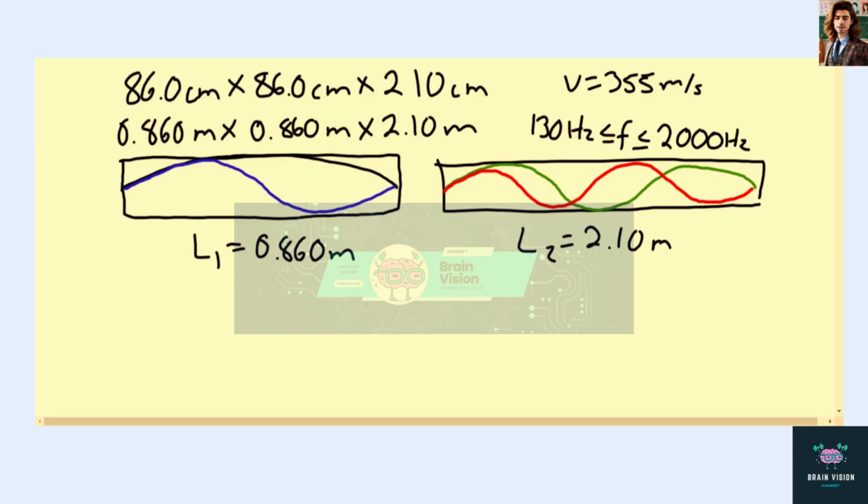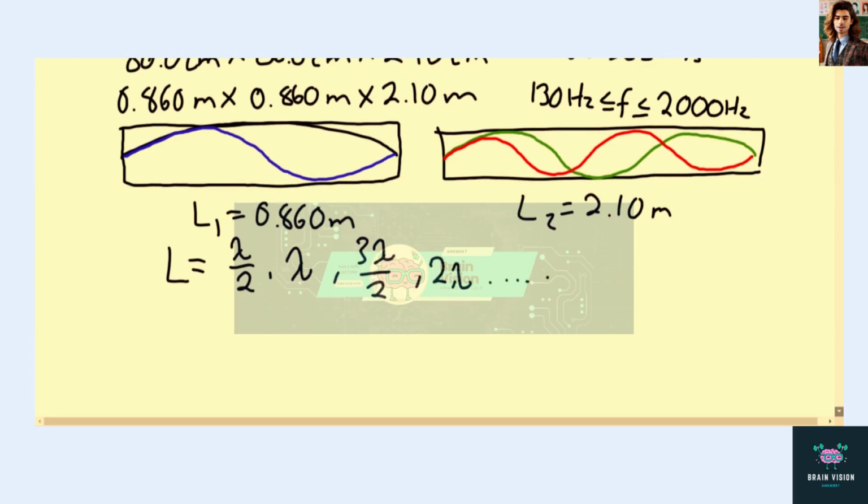This is helpful for visualizing it, but the end result is that the possible relationships between the length of our tube, in this case the dimension of the shower stall, and the wavelengths of resonant frequencies are going to be L equals lambda over 2, lambda, 3 lambda over 2, 2 lambda, and so on.